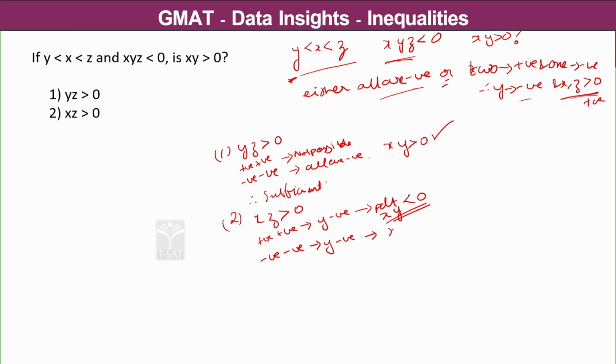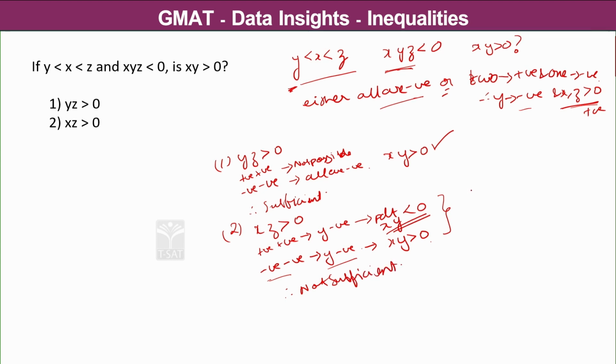So, the product xy will be greater than 0, because both are negative. So, the product will be positive. Therefore, there is ambiguity, you cannot say for sure which one it is. Therefore, this information is not sufficient to answer the given question. The statement xz greater than 0 is not sufficient, because either xy can be less than 0 or it can be greater than 0. Therefore, answer is option A, when statement 1 alone is sufficient to answer the question, but statement 2 alone is not sufficient to answer the question.